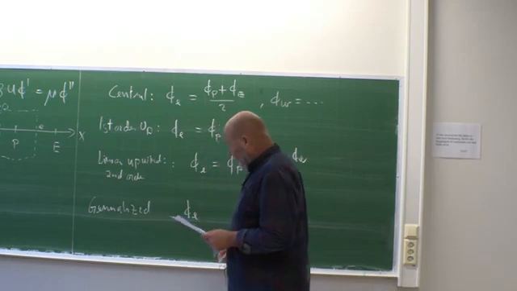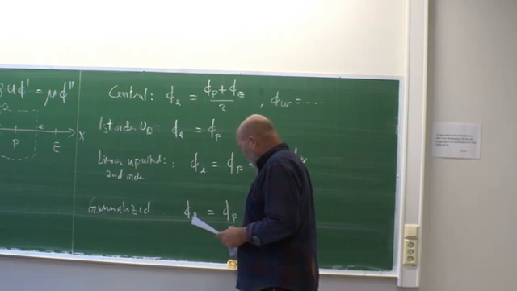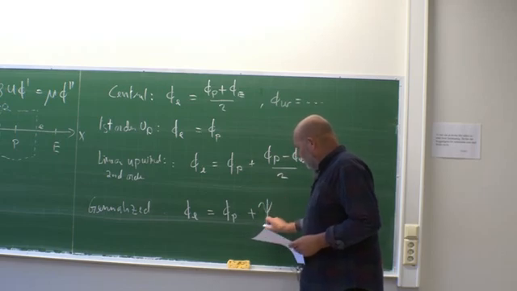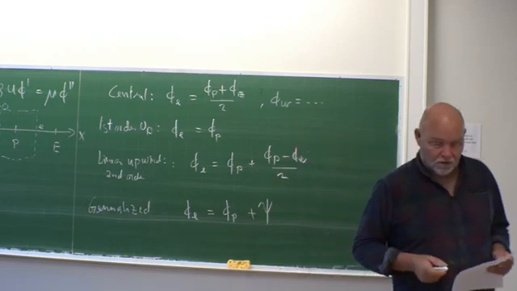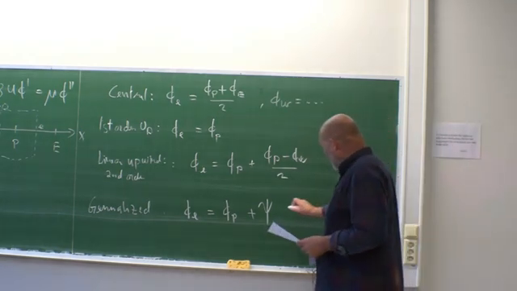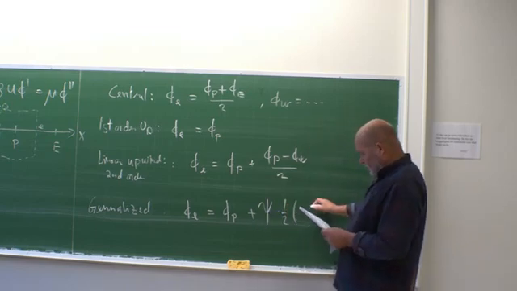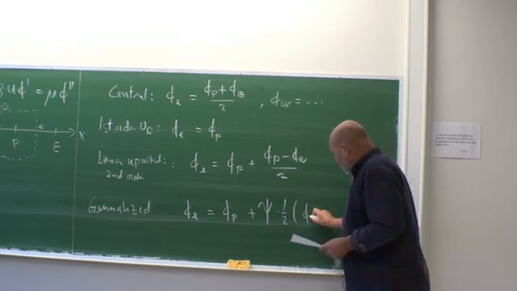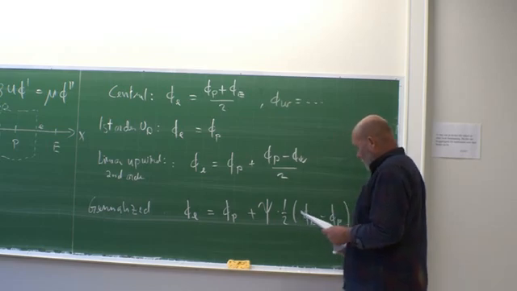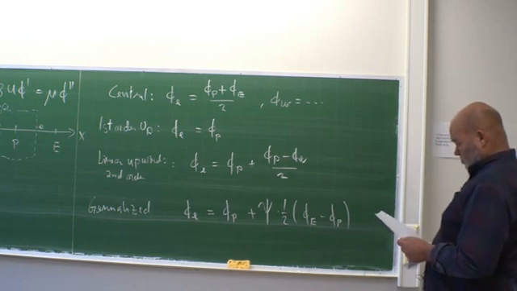I want this eastern point to be written as first the center point, and then a function psi multiplied with 1/2, and then the difference phi east minus the center point, phi P. Did I do something wrong there?